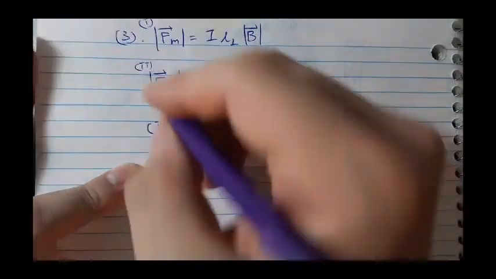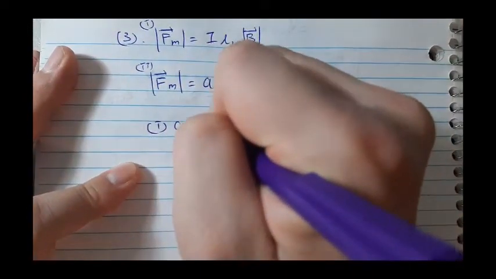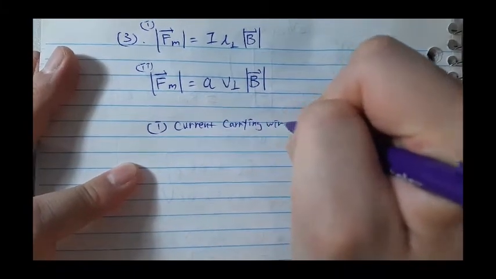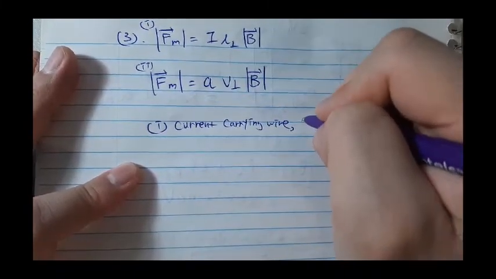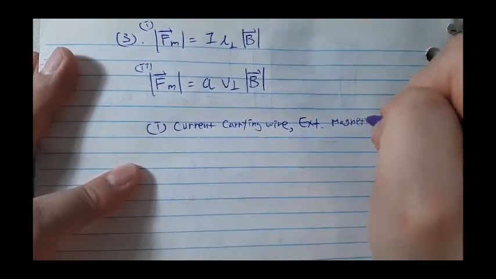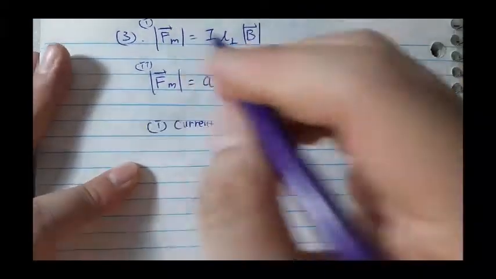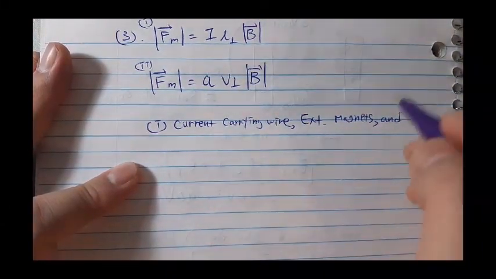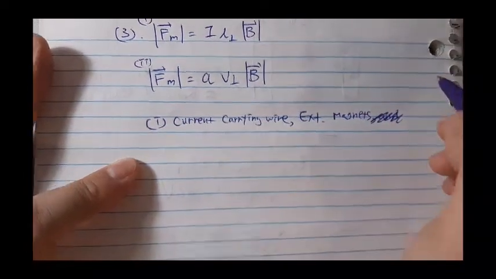This is a situation where a current carrying wire is required. I'm going to go through the material wave first, with external magnets. Actually, that's about it. Sorry, I thought I missed something.